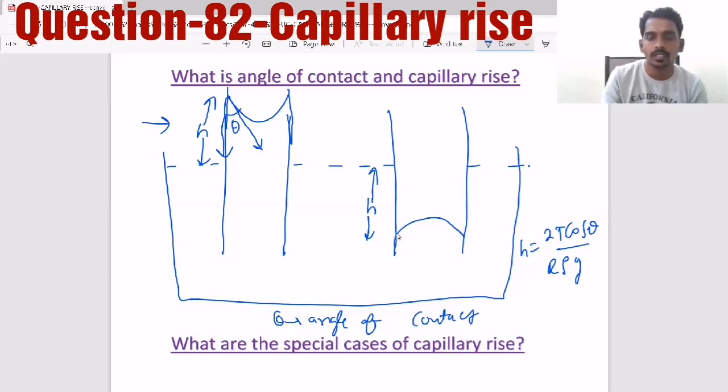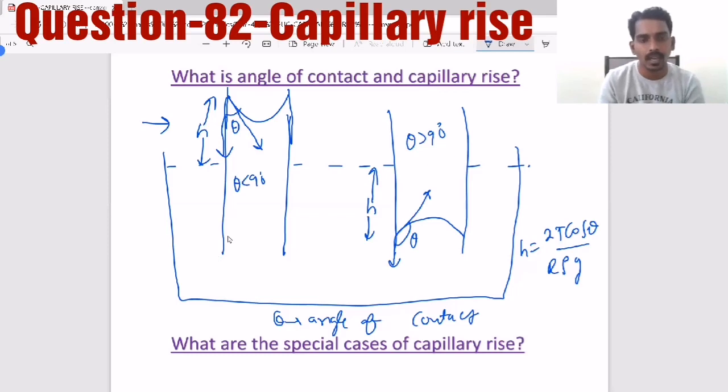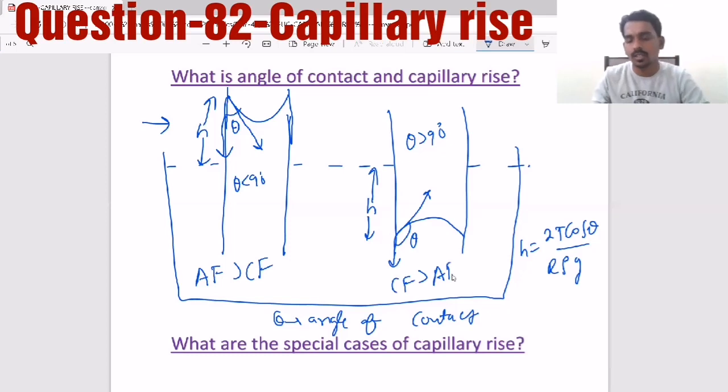So this is theta. Here theta is greater than 90 and here theta is less than 90. Here adhesive forces are greater than cohesive forces, and here cohesive forces are greater than adhesive forces. When cohesive forces are greater, the liquid will fall. When adhesive forces are greater, the liquid will rise.